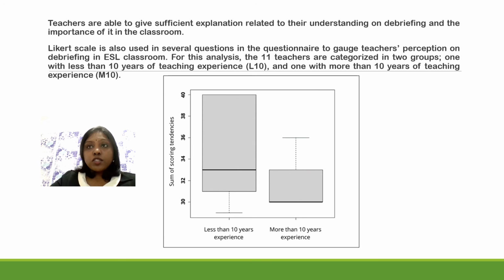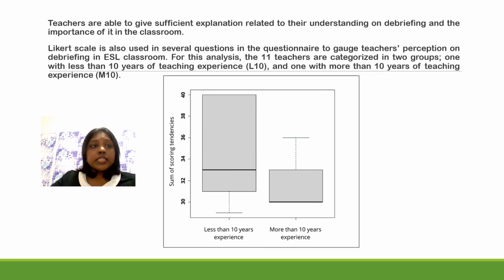In figure 3, as you can see, their scores from questions with the Likert scale are added together and a box plot was generated. The scores were taken as they are, with strongly disagree as number 1 and strongly agree as number 4. There are only 4 scales in this analysis.